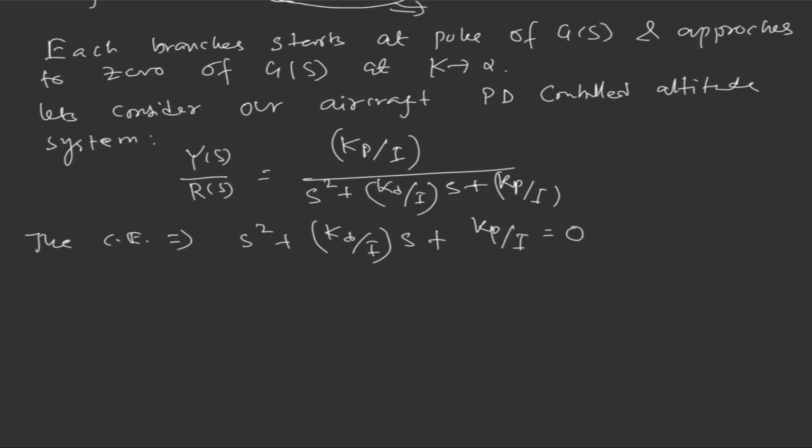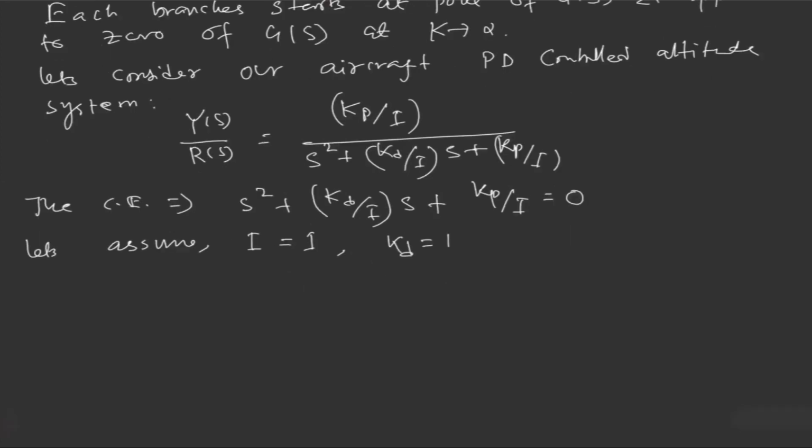Now to make our lives simple, let's assume the inertia of the aircraft system for one axis, if it is theta, phi, psi. So if it is one axis, we are assuming 1 kg per meter square. And we are also assuming Kd equal to 1 to simplify things.